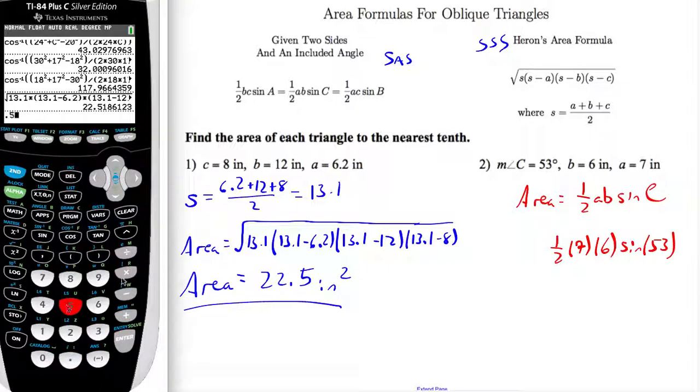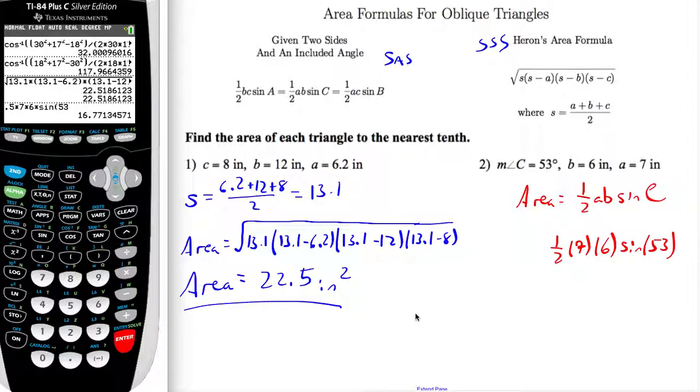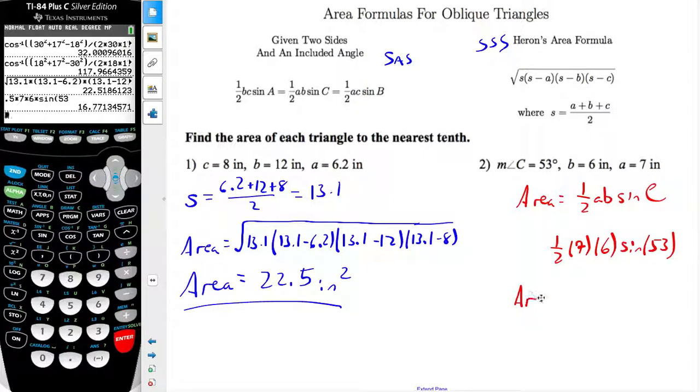So we can do 0.5 times 7 times 6 times the sine of 53, and we get the area is equal to 16.8 inches squared. And so that's it in terms of law of cosines and finding area for the triangle. So that actually sums up the entire unit. Make sure that you watch out for the ambiguous case. But if you start using law of cosines, I recommend you just stick with using law of cosines.